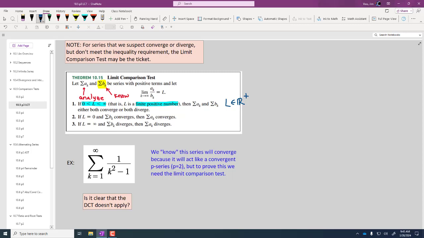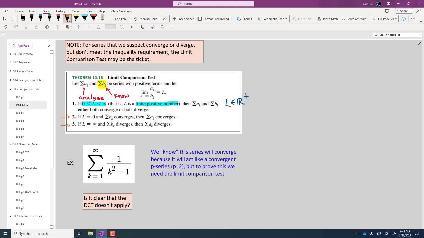Now if we get one of these extreme cases where L is equal to 0 or infinity, we have to analyze it a little bit more subtly. You're not going to see a lot of these. Let me just try to explain it and see if you can get the idea.